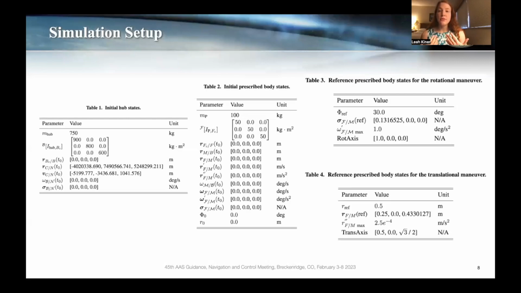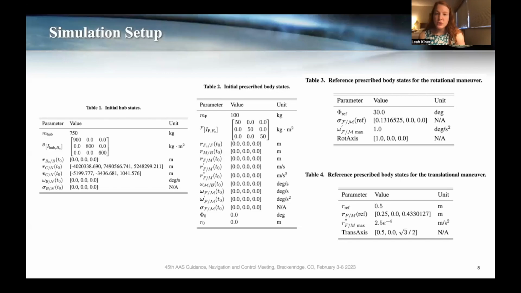So for our rotational maneuver, we want to move through 30 degrees about our first mount frame axis. And our rotational axis here is also the first F frame body axis.